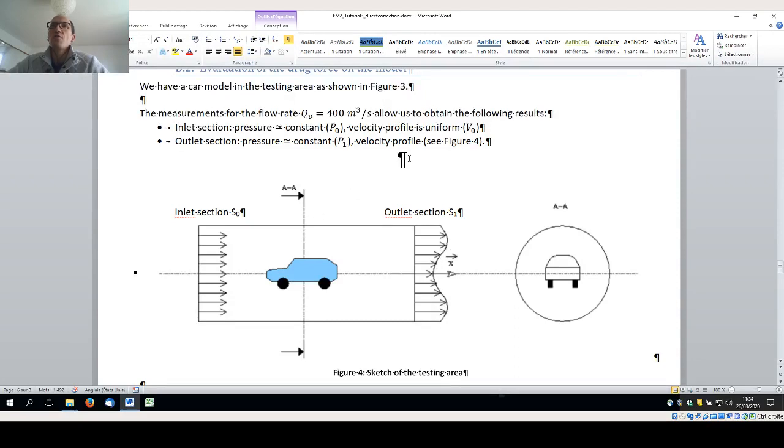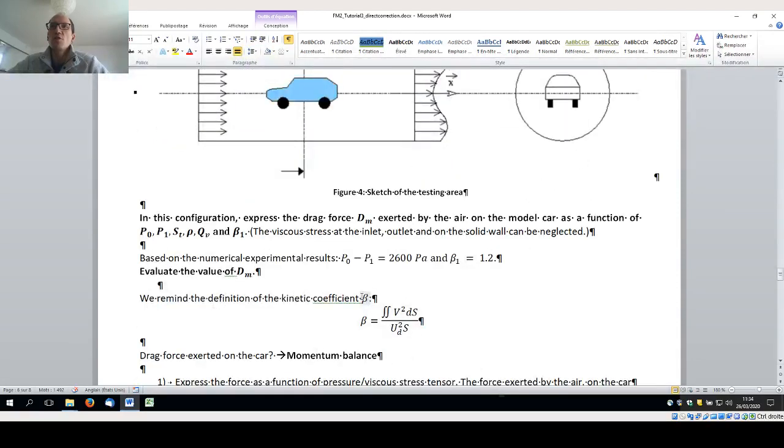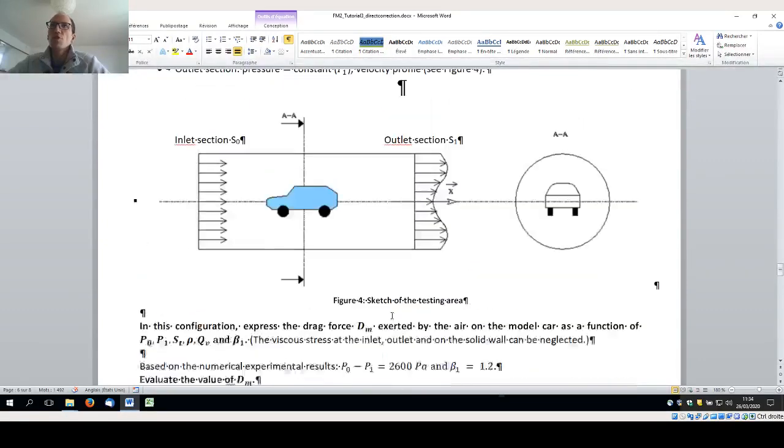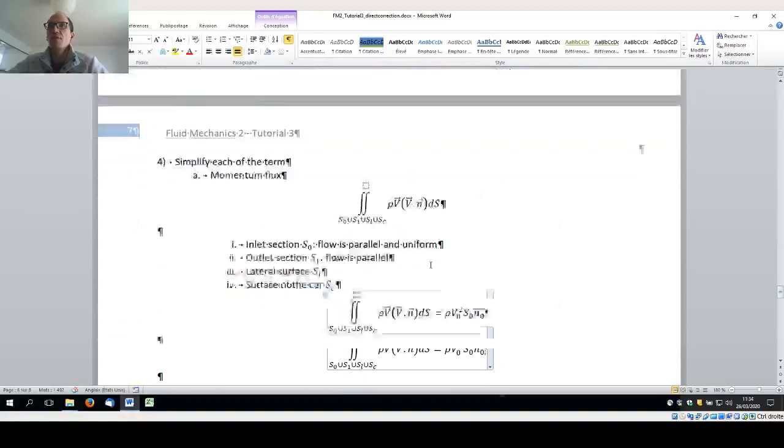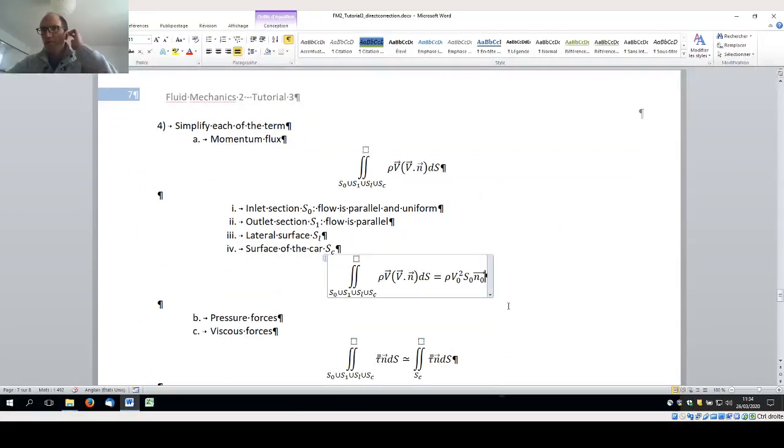We are once again using the kinetic coefficient beta, which relates the integral of the velocity square to the flow rate velocity square. So this gives you plus rho beta 1 u d1.